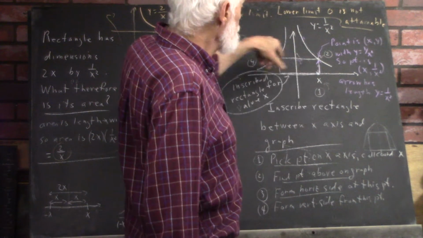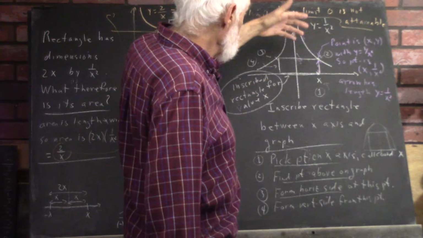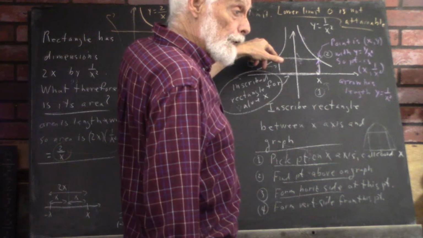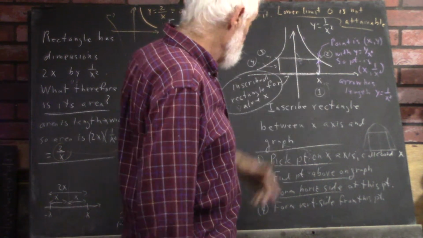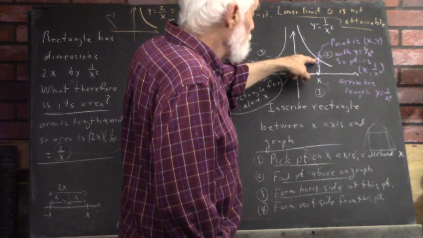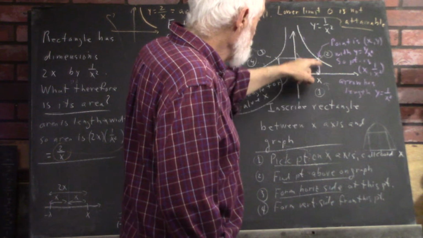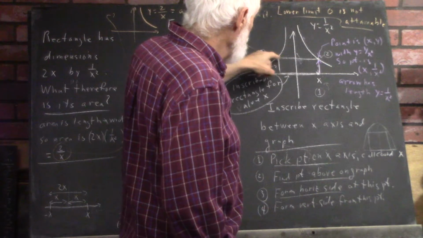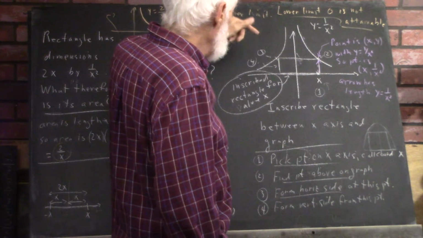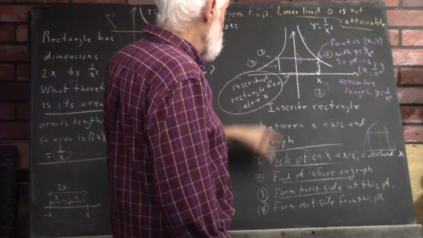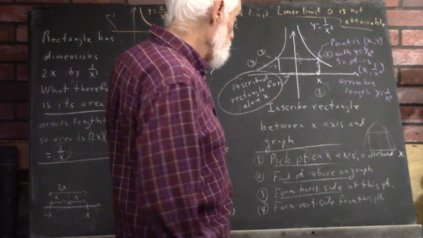It has to have its upper vertices on the graph of the function, and the lower vertices are on the x-axis. So if this is the upper vertex corresponding to this value of x, then we have this vertex over here. It's going to have the same y value as this one because this line is horizontal.